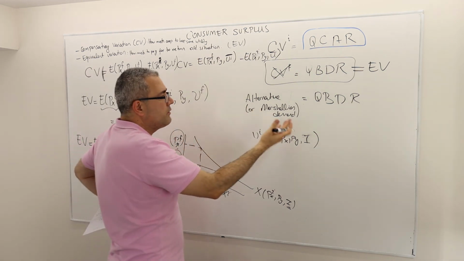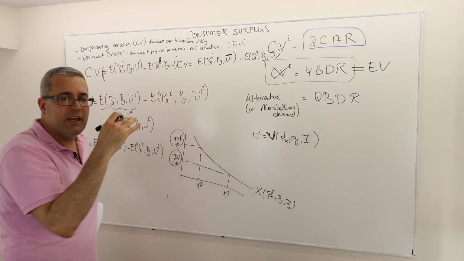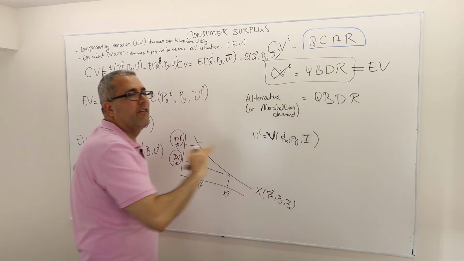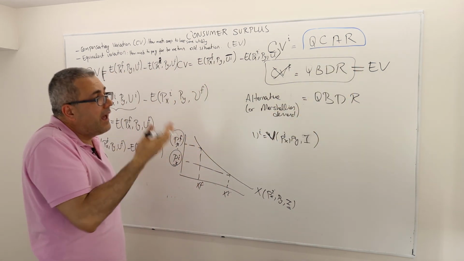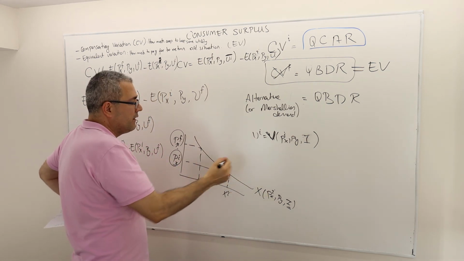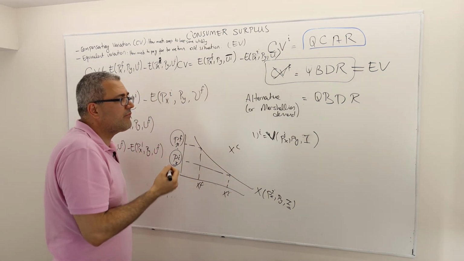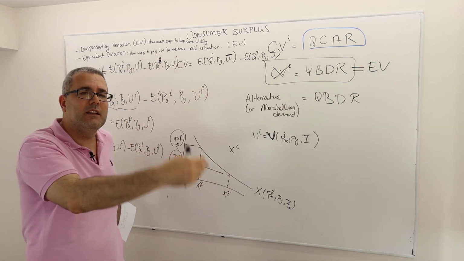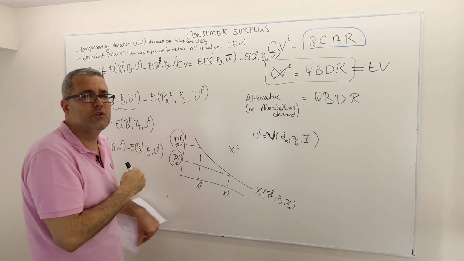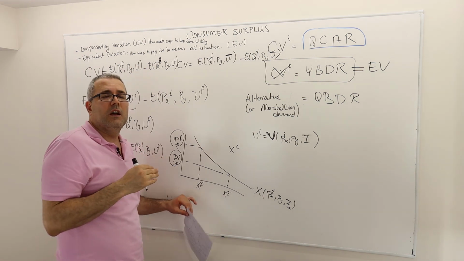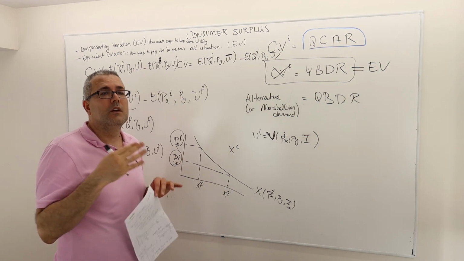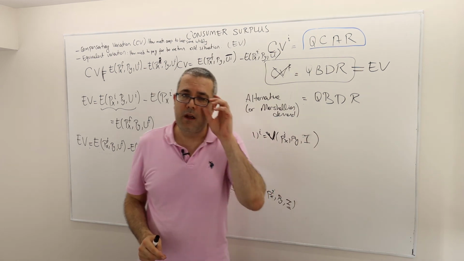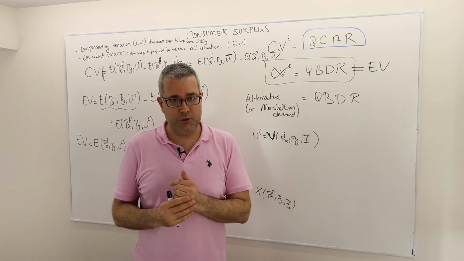If you use the Marshallian demand curve and the area between the price lines, that area is going to be somewhat an average of these two. On top of that, because you can't observe the Hicksian demand, using the Marshallian demand curve and finding this area and naming it the change in consumer surplus is a reasonable assumption. Because of this, we use the Marshallian demand curve to calculate the consumer surplus.